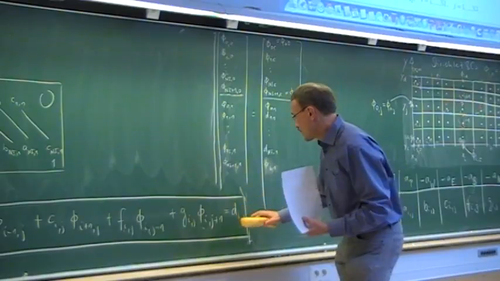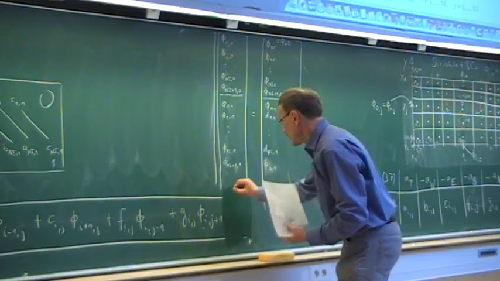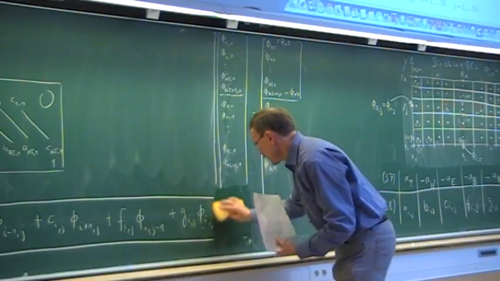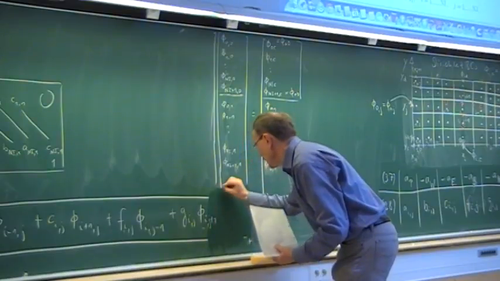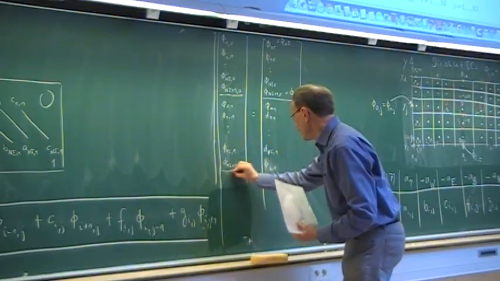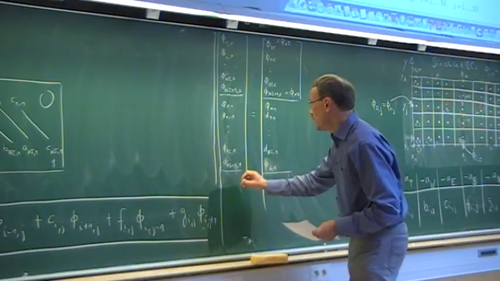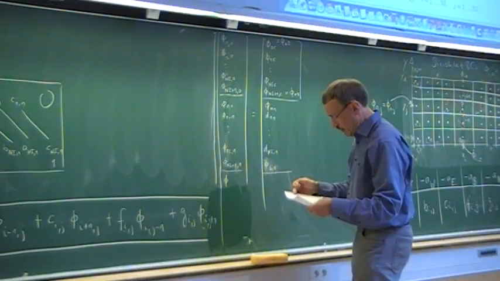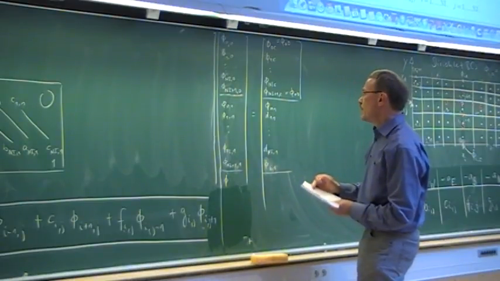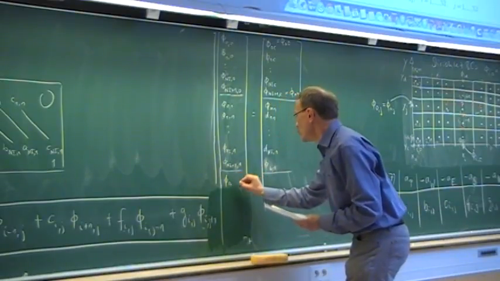So I need some space now, because, as I write it again, j plus 1. So now we have here then again a part, and the part that we have here takes the phi 0,2.